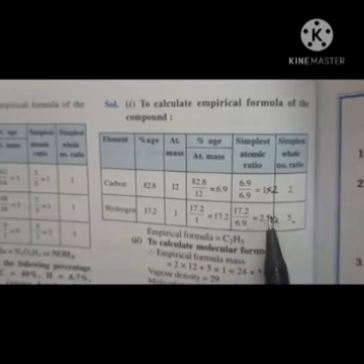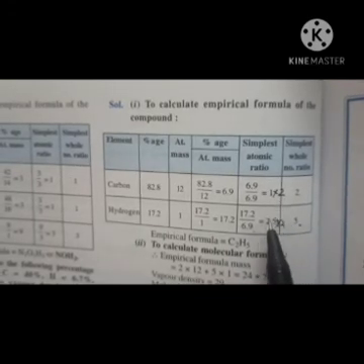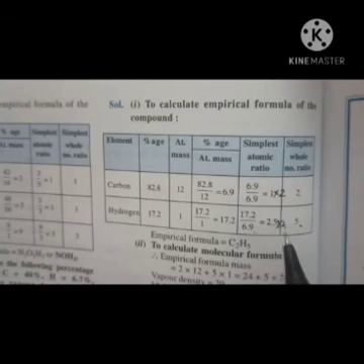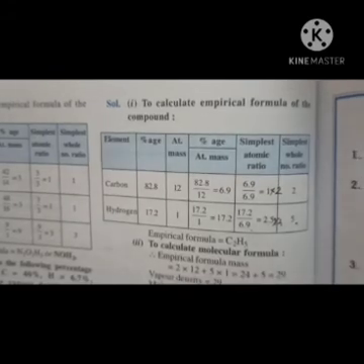But if the simplest atomic ratio is coming, suppose, 1.3 or 2.3, that 0.3 you neglect. You can take it as 2 only.